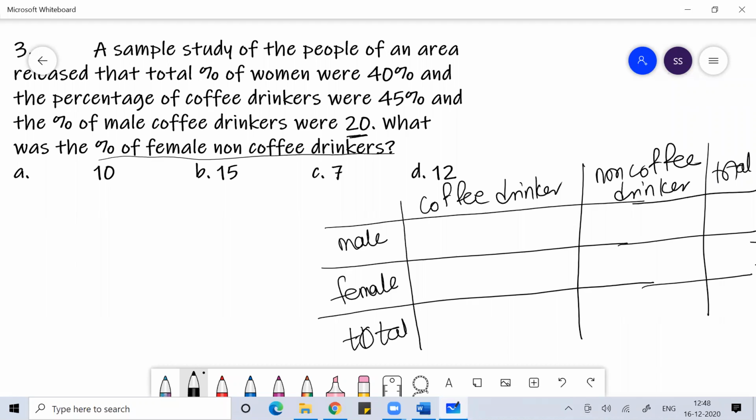Okay, everyone is understanding. A sample study of the people of an area released that the total percentage of women were 40%. So total percentage of women were 40%. Okay, and the percentage of coffee drinker were 45%. And the percentage of male coffee drinker was 20%.